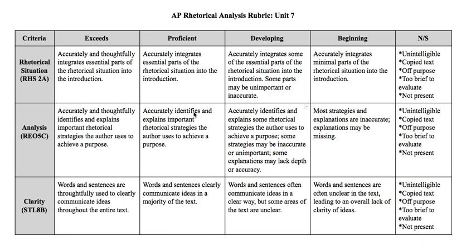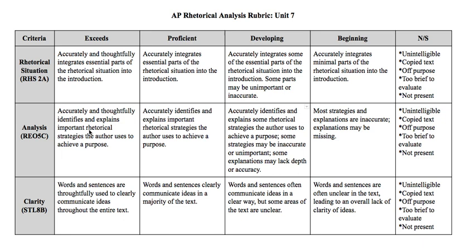So accurately identifies and explains important strategies the author uses to achieve the purpose. The purpose was identified in the rhetorical situation, but we want to address part of the purpose in the topic sentence of each body paragraph as well. For example, the author uses blank strategy in order to blank. The second blank would be something about the author's purpose.